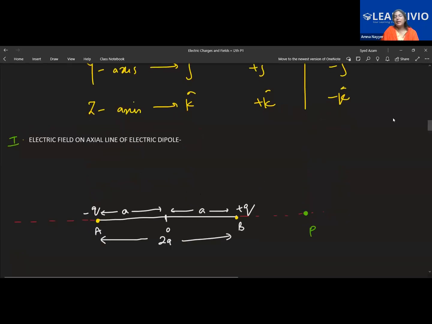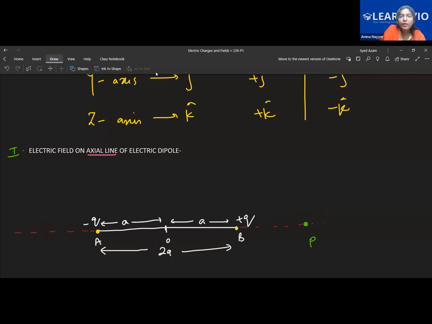Now see what is meant by this axial line. Axial line means a dipole is present. See, 2a is the separation between the charges of the dipole, so a will be half of that. When you extend this axis, if the point where you want to calculate the net electric field due to this dipole is lying on its axis like this, then this is the axial line of the electric dipole.